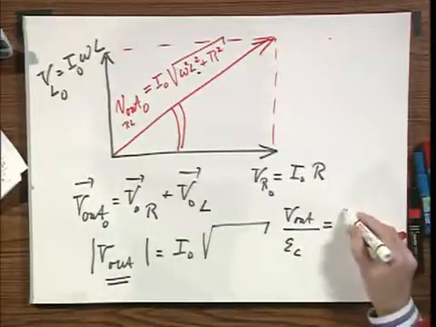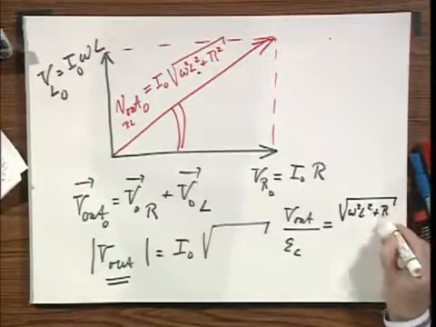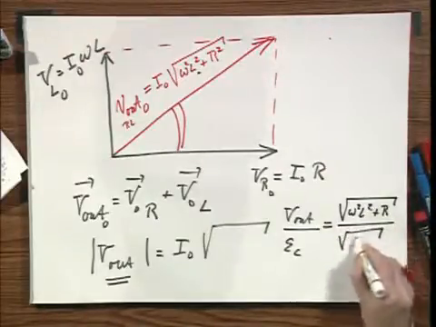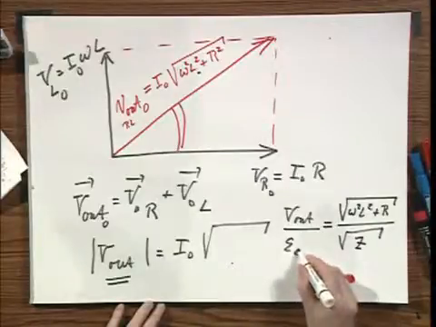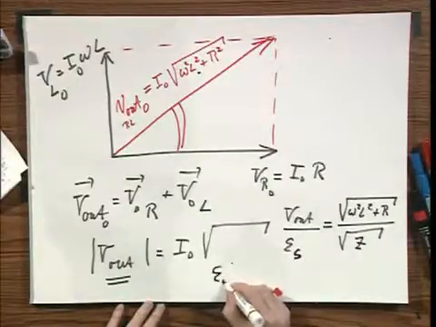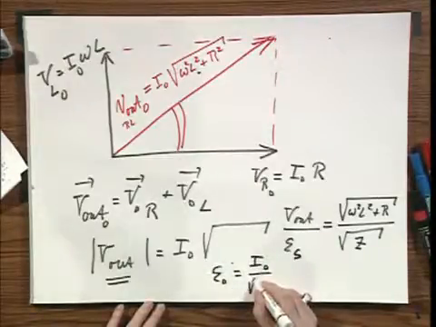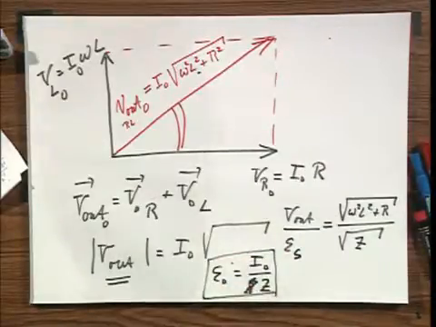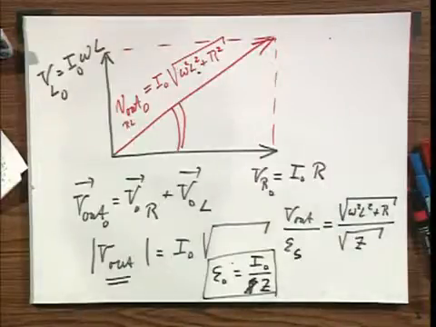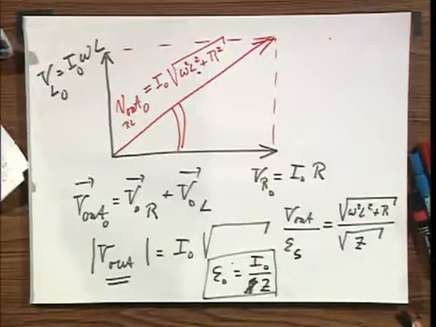So you would get then that you find here the square root of omega squared L squared plus R squared divided by Z. I think you will have no difficulties finding this because this is ES, because E0, that's the amplitude of the driver, equals I0 times Z. That's the definition of Z. And so, this shouldn't be too hard.